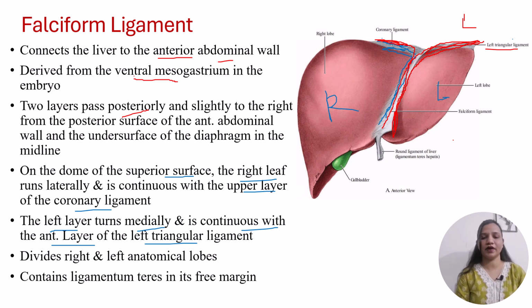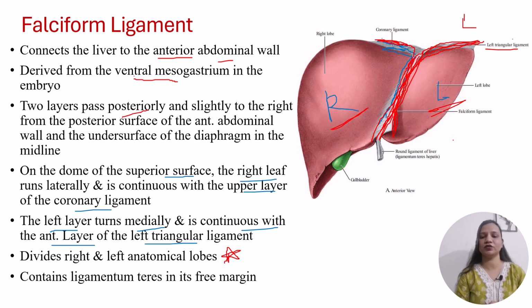This is again a very important point that I have already discussed in the previous lecture, that the falciform ligament plays a major role in dividing the two anatomical lobes of the liver, which is the right lobe and the left lobe. So this is the ligament which divides the two anatomical lobes of the liver, and it contains the ligamentum teres in its free margin.